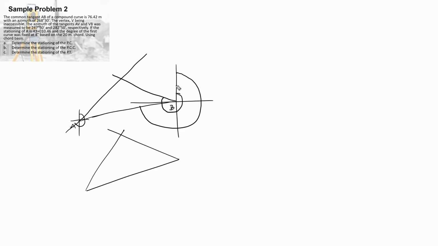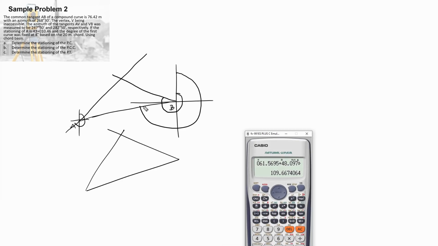Kung ito ay 180, so yung matitira dito is 247. Asa ba yun yung unang given natin? 268.5 minus 180. So, yung angle dito sa baba is 88.5. So, yung angle na ito is 88.5.